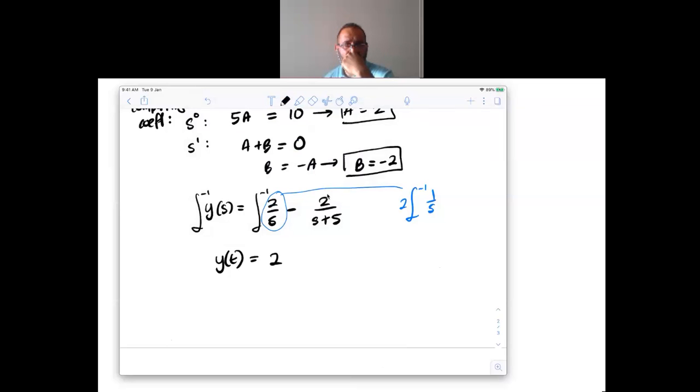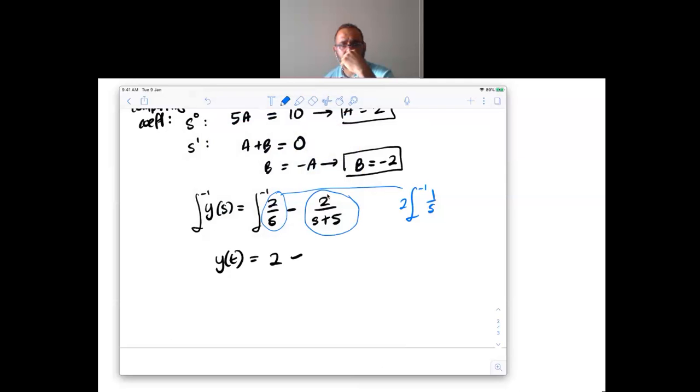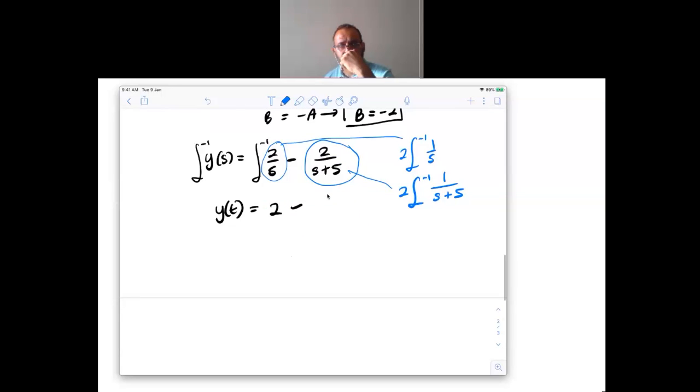All right, and this side here, if I take the inverse Laplace of this side here, it is as if taking 2 inverse Laplace of 1 over s plus 5. In case of s plus 5, if you go and do your revision later on, have a look at Laplace transform of exponential of alpha t.